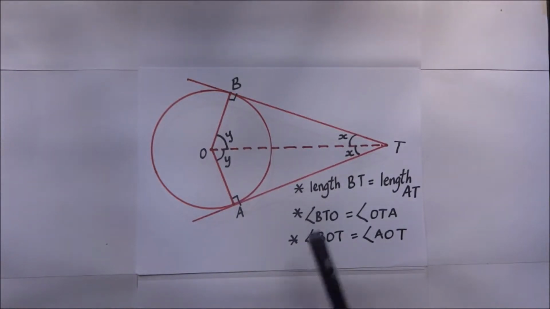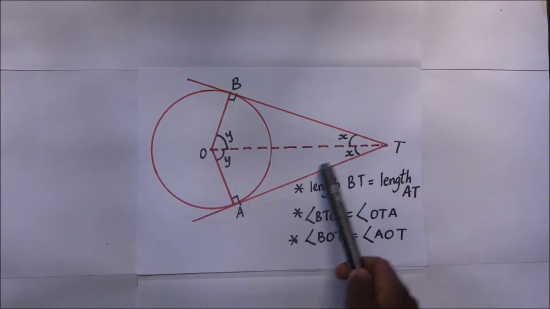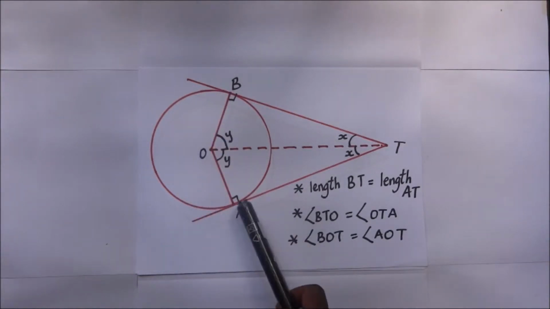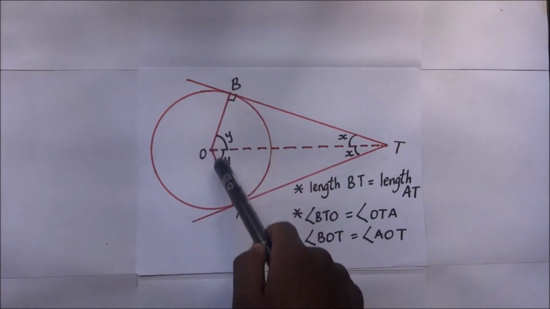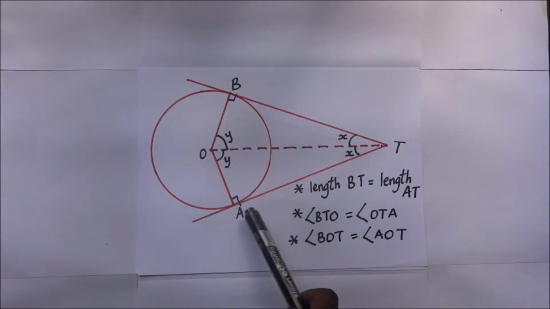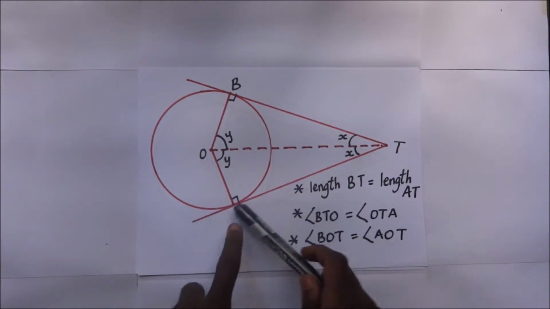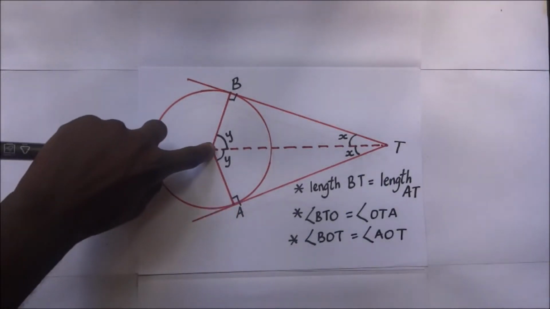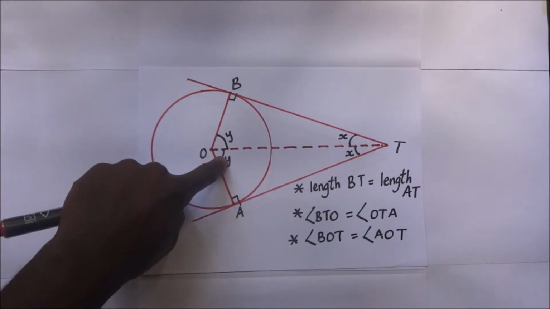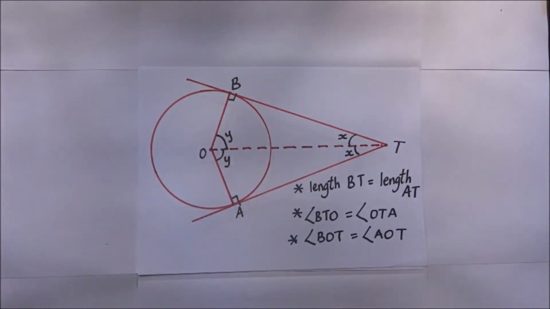So when you realize that these tangents make 90 degrees with the radii of this circle, they are also going to subtend angles at the center. We have angle Y here and an angle Y there.